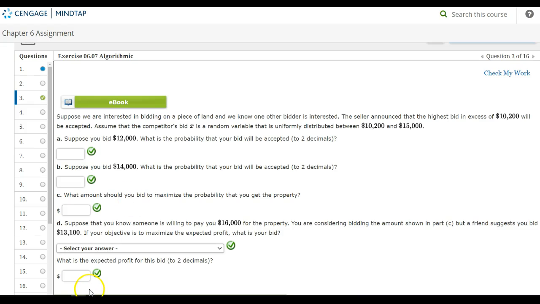And lastly, they want to know what the expected profit is for this bid, whichever one we select, 13,100 or whatever the answer is in part C.